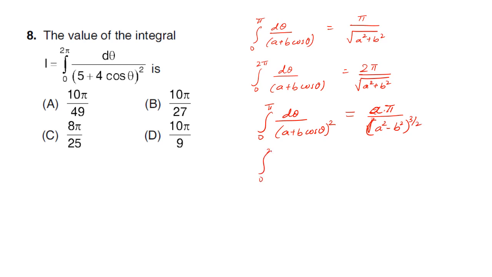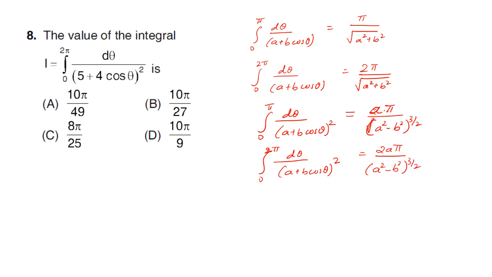Integral 0 to 2π dθ divided by (a plus b cos θ) square is 2aπ divided by (a square minus b square) raised to 3 by 2.